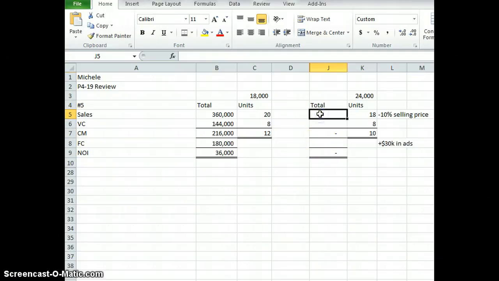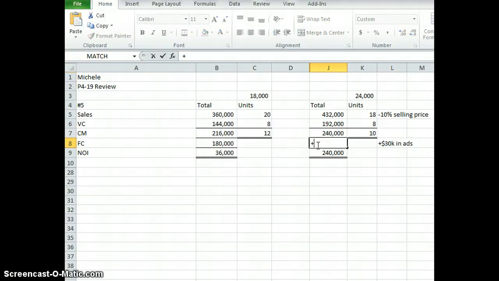So we're going to start by saying, what's our sales revenue? Our sales revenue is our new number of units, 24,000, times our new sales price of $18 per unit, or $432,000. Our variable cost is 24,000 units times our variable cost of $8 per unit, or $192,000. 192 from 432 leaves us with a contribution margin of $240,000.